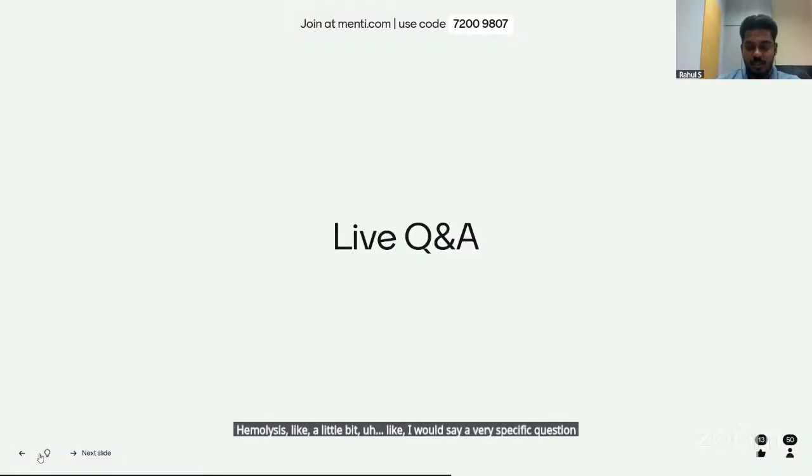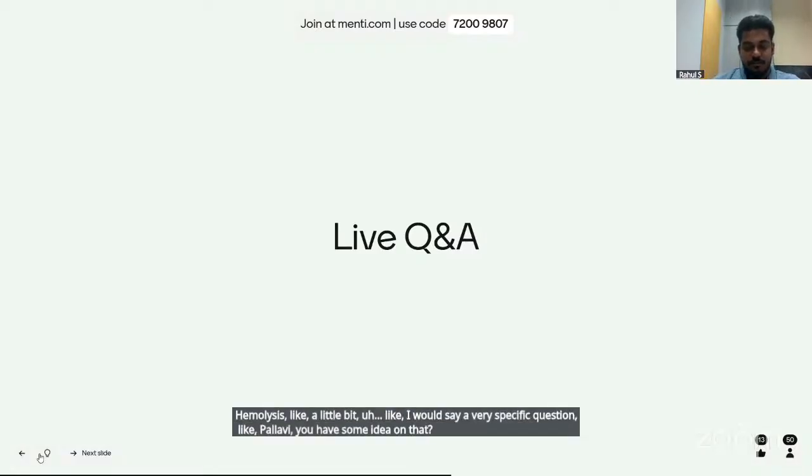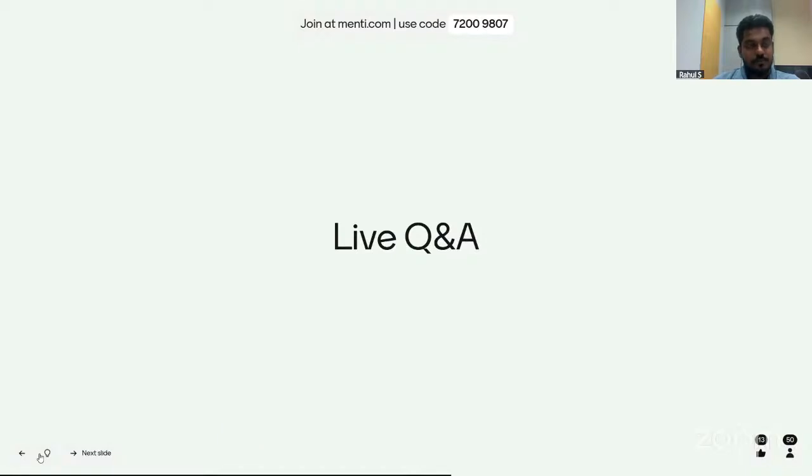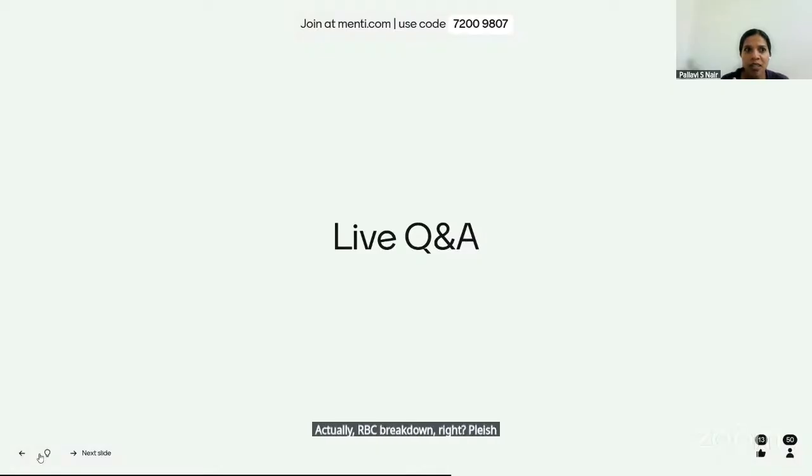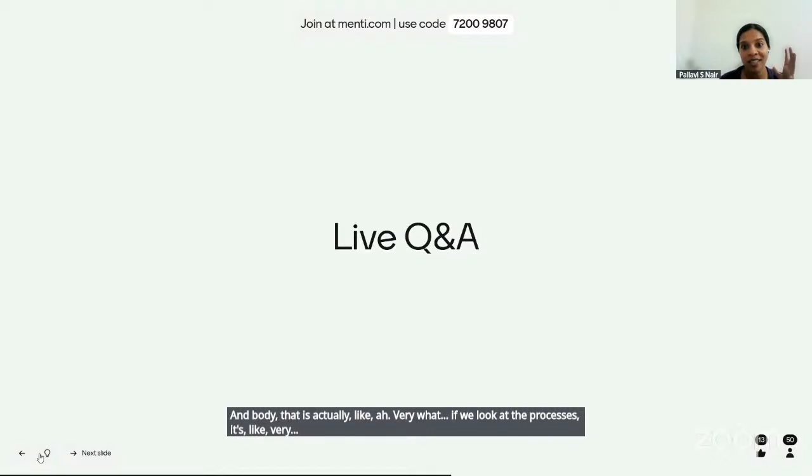Pallavi, do you have some idea on that? Hemolysis is RBC breakdown, right? Yes, ma'am. I don't remember specifically in what context hemolysis happens, and the body is actually a very amusing system.